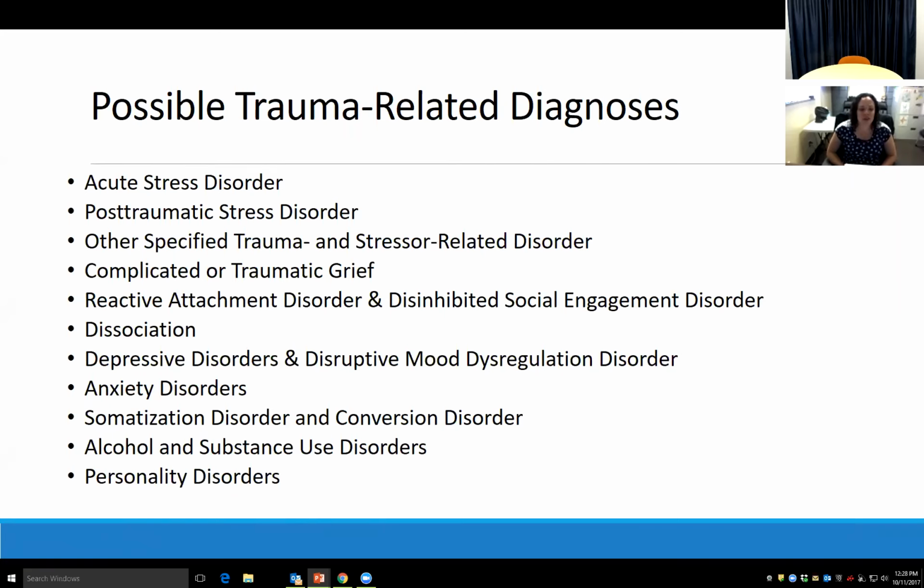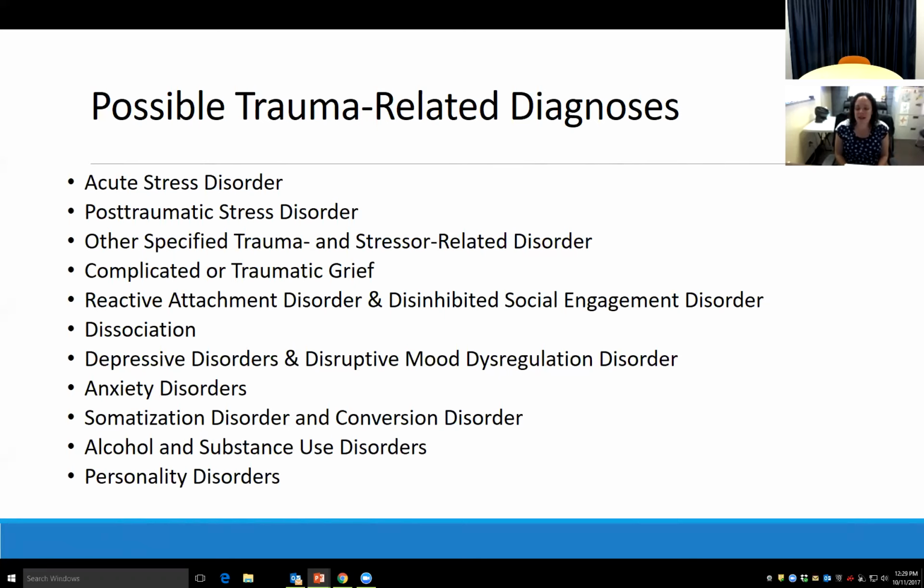We then have depressive disorders, anxiety disorders, and I have on here disruptive mood dysregulation disorder, which was another new diagnosis to DSM-5 and was created in part to replace all these kids that were being diagnosed with bipolar disorder inappropriately, but that we didn't have this mood dysregulation disorder to capture. So now we have this DMDD category.